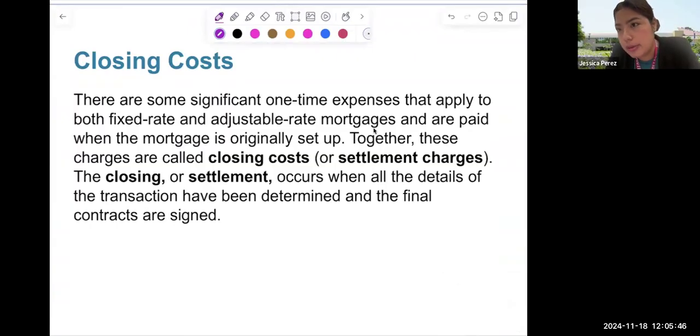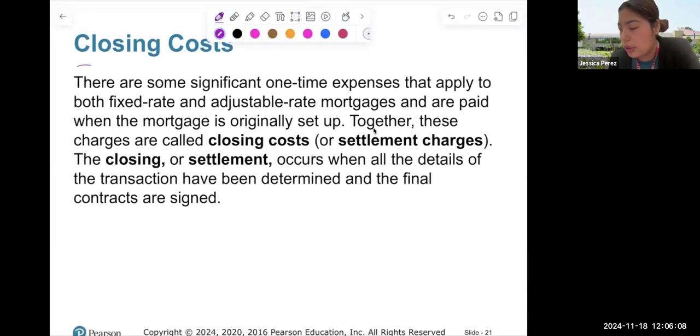So when you have a closing cost, a settlement, you already know the time it's going to take you to purchase a home, the monthly mortgage payments, the rate, the fixed mortgage rates, and everything together. So the closing cost is when you already have everything settled.